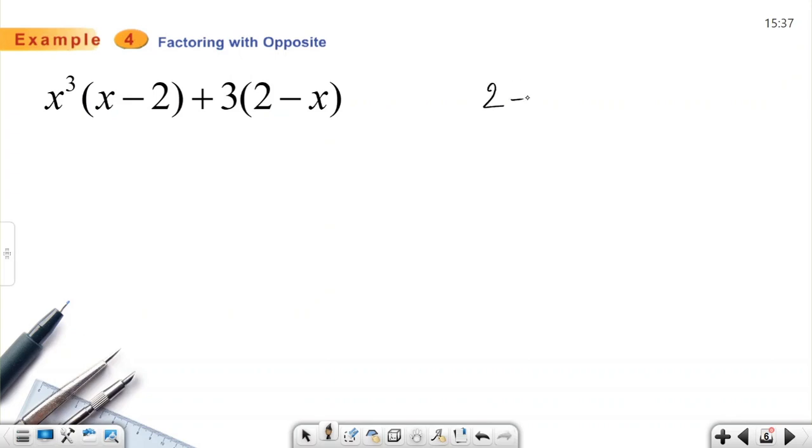So if I have 2 minus x and I multiply by 1, it's still 2 minus x. Instead of 1, may I write minus 1 multiplied by minus 1? I can write that, because negative 1 times negative 1 is 1. 1 times 2 minus x is 2 minus x, no problem.